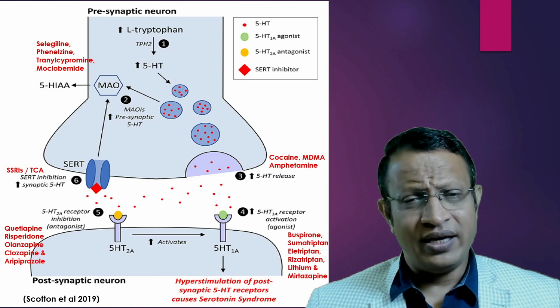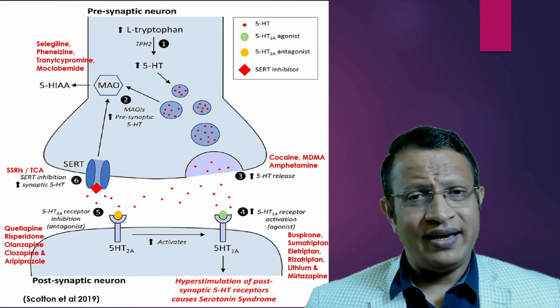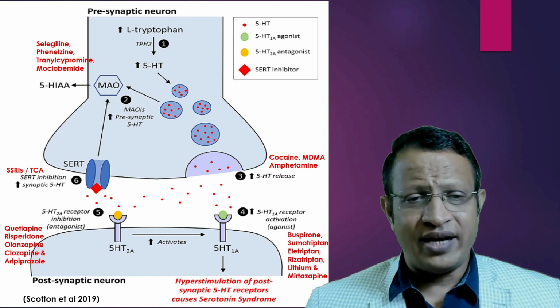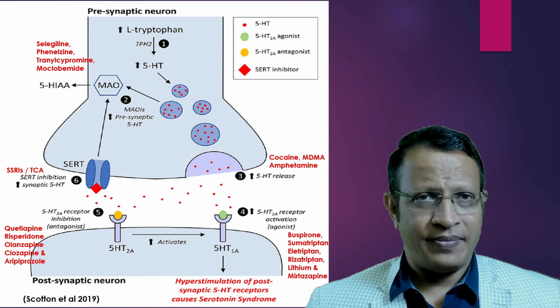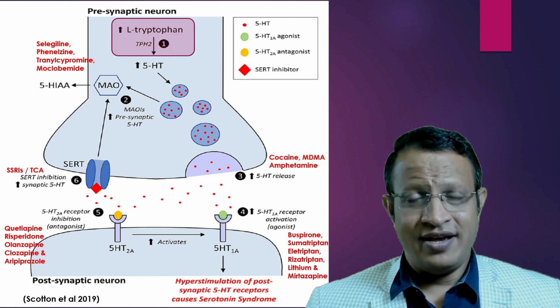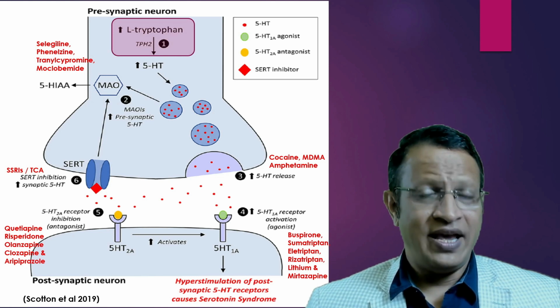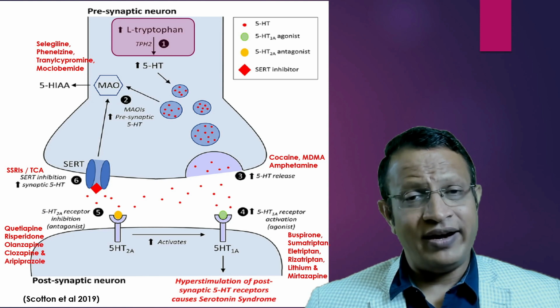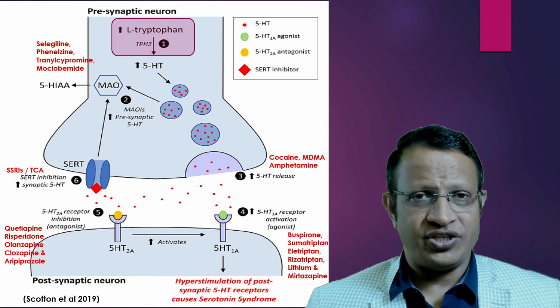Let's look at this diagram. In this diagram, you can see the top one is the presynaptic neuron and the bottom one is the postsynaptic neuron. In the presynaptic neuron, you can see number one. Here, there is an increased tryptophan intake. If there is an increased tryptophan intake in the food, then there is an increased formation of 5-HT.